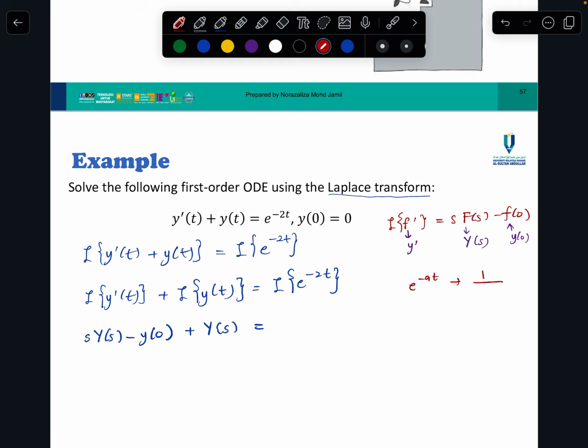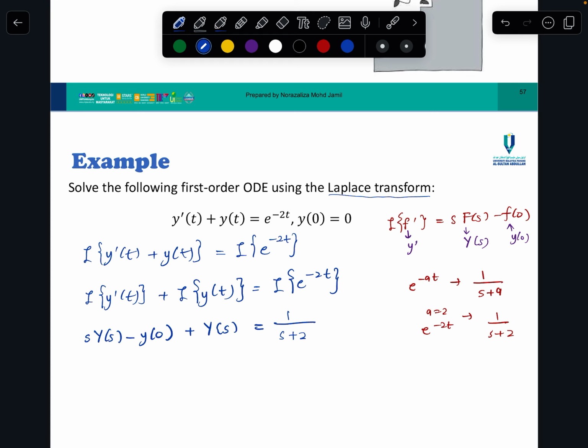The transformation is 1 over s plus a. Now in this case a equals 2, so the Laplace of e^(-2t) becomes 1 over s plus 2. So that is your term on the right hand side.